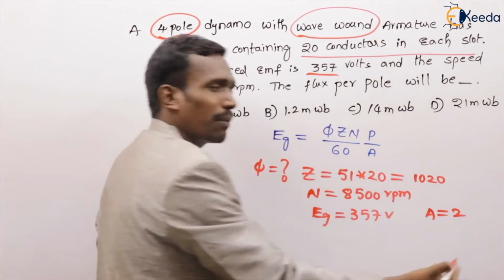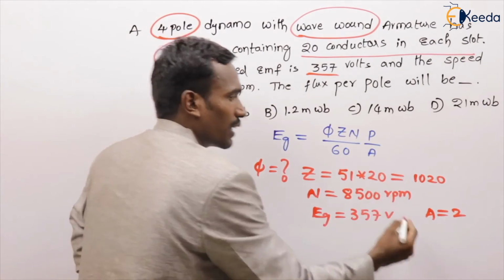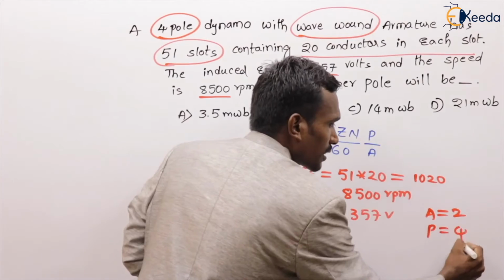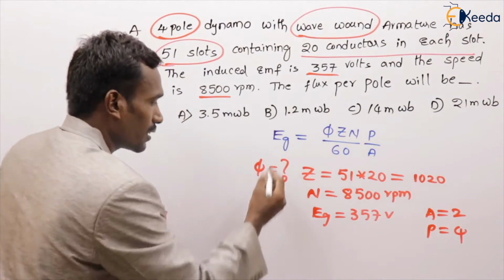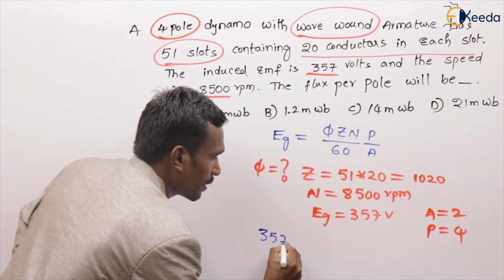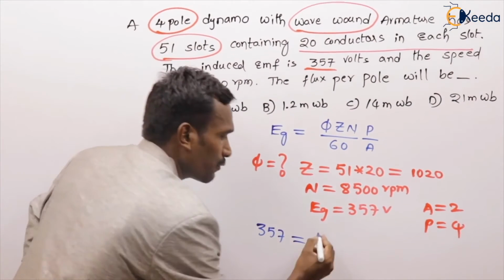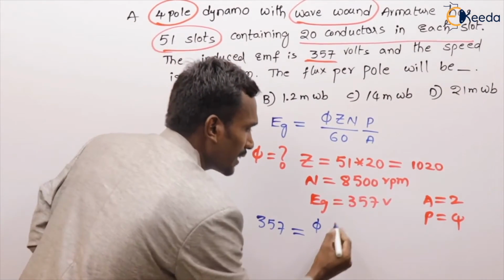For wave winding, the number of parallel paths is 2. And next, here they gave the number of poles as 4. Now tell me the answer. The generated EMF is 357 volts, and the flux per pole we have to find.